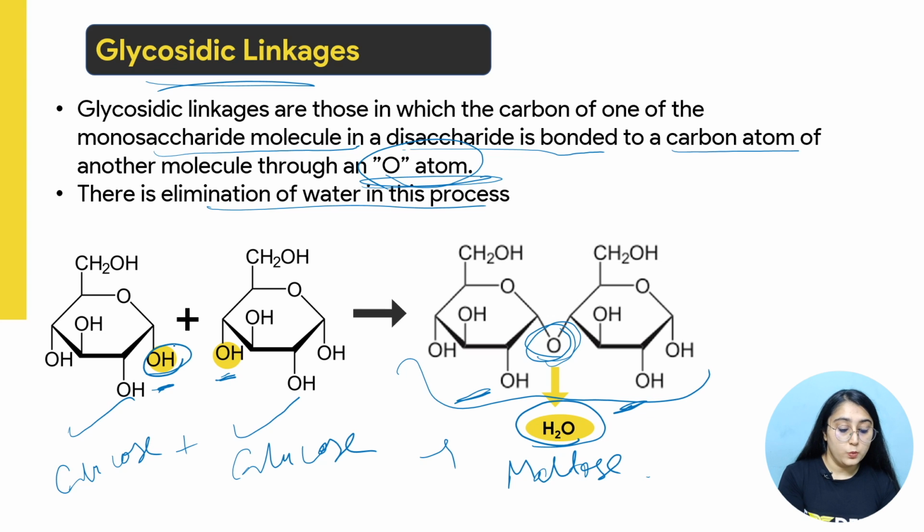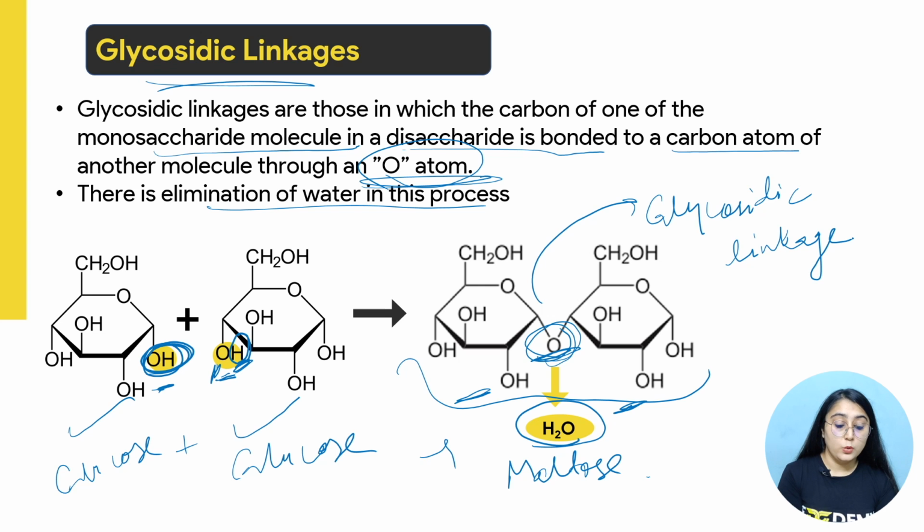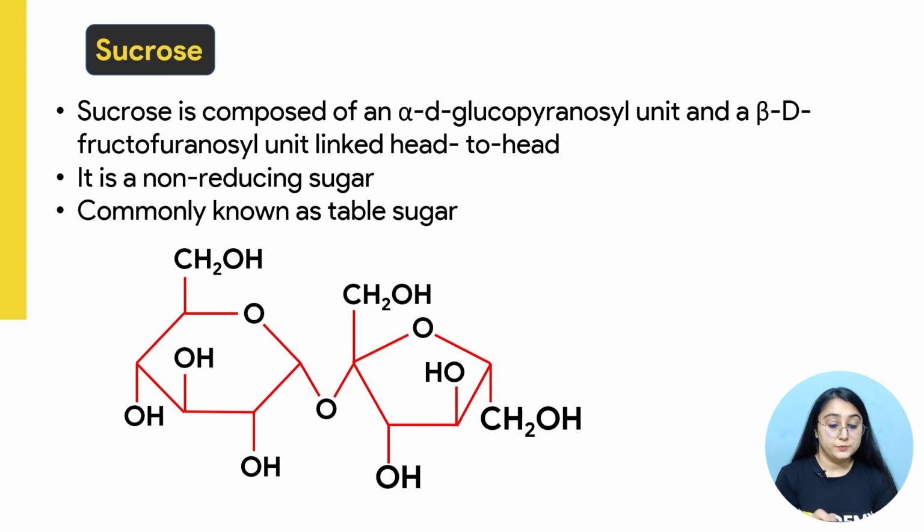As a result, one OH and one more H will be removed, leaving us with one oxygen atom, which will form this bond, which is known as glycosidic linkage or glycosidic bond. So now we know that once two saccharides combine, there is elimination of water to form this glycosidic linkage which connects two saccharides or two sugar units.